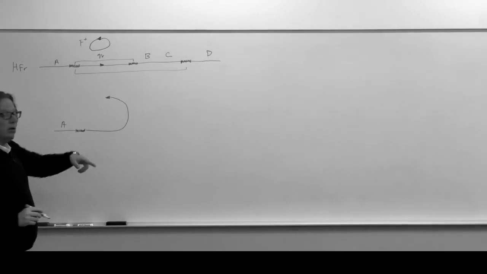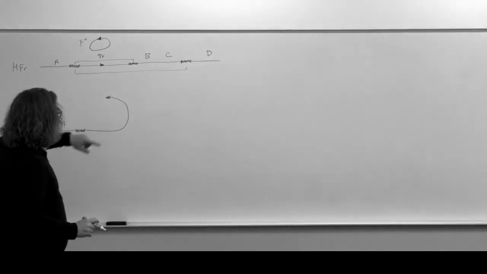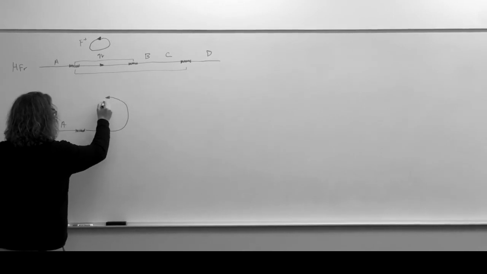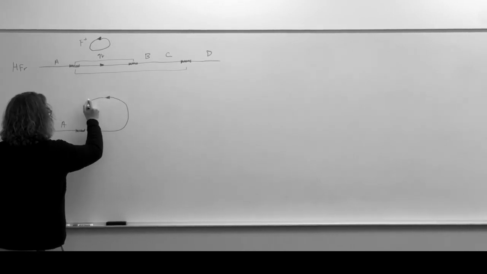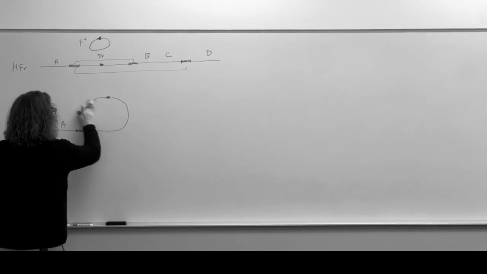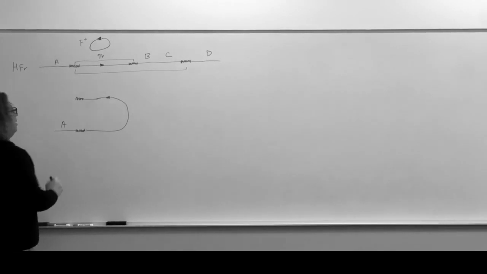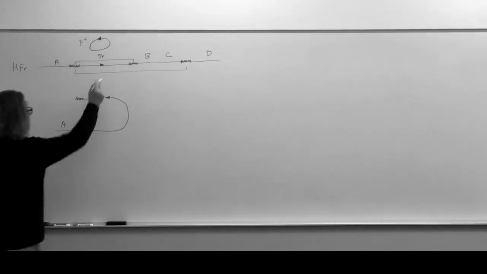So we are looping around. We have our origin of transfer that is flipped in the other direction. We now have another insertion site, so this insertion site.